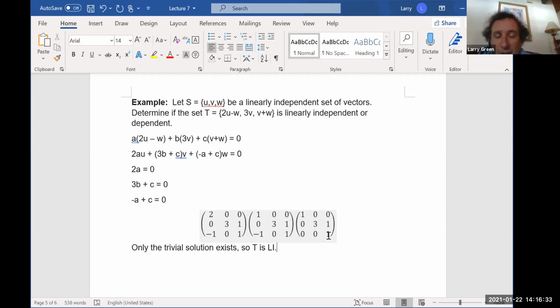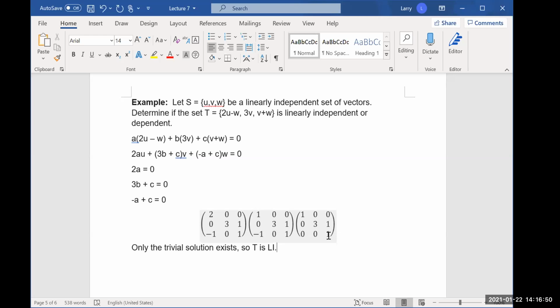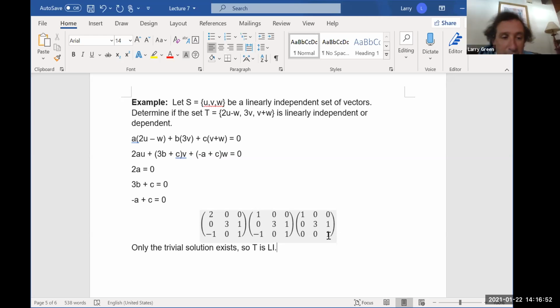That means only the trivial solution exists, because we can say that (A, B, C) equals A inverse times (0, 0, 0). So A, B, and C are all 0. Does that make sense? So you could also do it with determinants, but instead I just did it with pivots. There are lots of ways of thinking about these things.